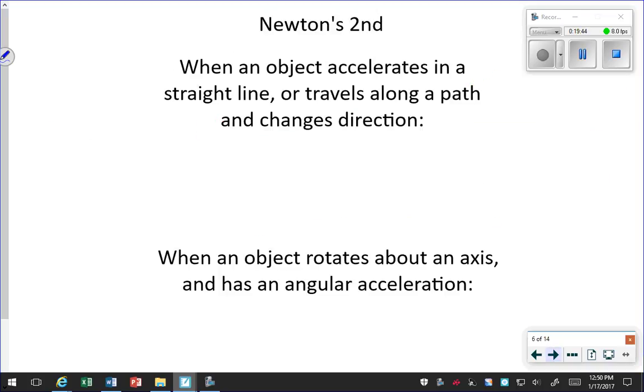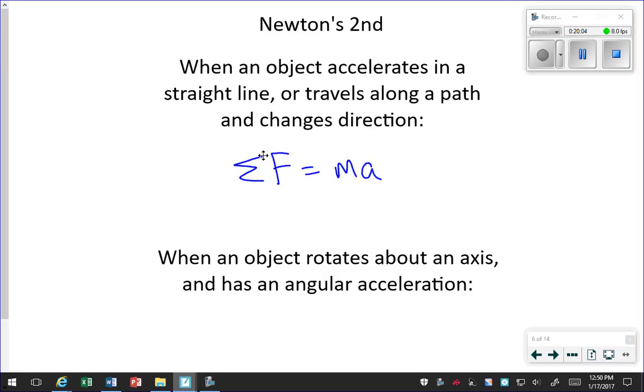When an object accelerates in a straight line or travels along a path and changes direction, or some of both, when an object accelerates along a path, net force equals ma.